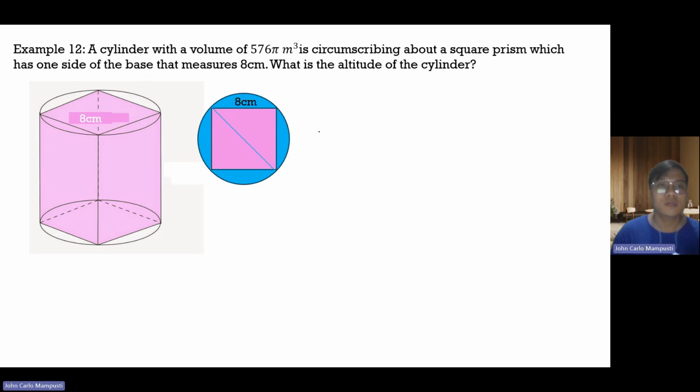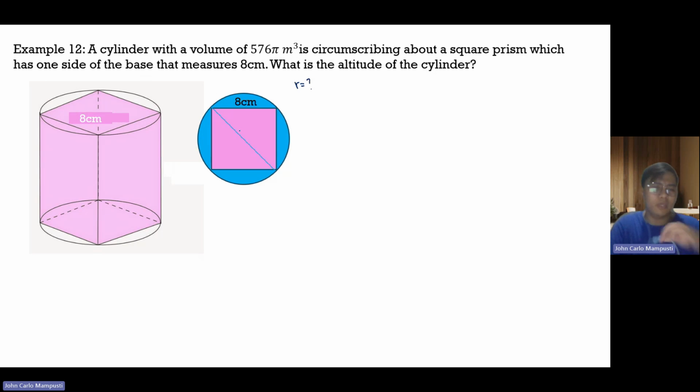Okay, dito, given yung volume ng cylinder natin, and we need to find the altitude. So dito, given lang yung side nung ating prism. So we need to calculate first yung radius natin, no? Para makuha natin yung altitude.